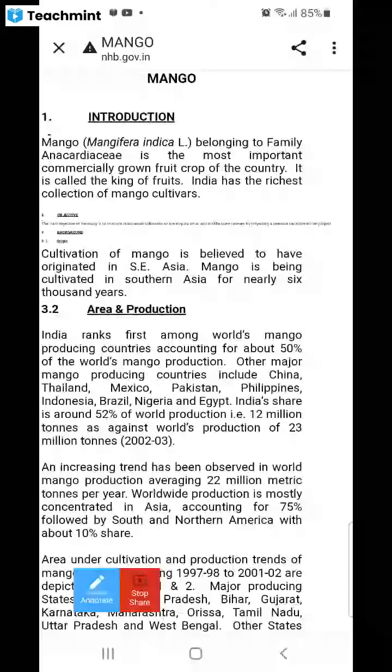Mango is the most important commercially grown fruit crop of the country, and it is called the king of fruits. India has the richest collection of mango cultivars. Cultivation of mango is believed to have originated in Asia, and it has been cultivated in Southern Asia for nearly 6,000 years.